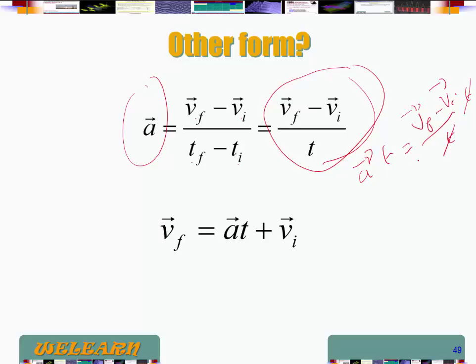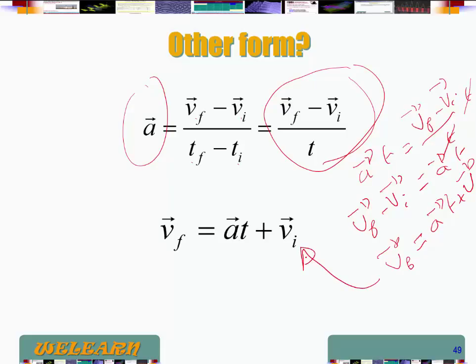The t cancels out, and then we are left with Vf minus Vi is equal to at, and then add Vi to both sides, so that will give us Vf plus Vi minus Vi equals at plus Vi. That's what we have here. Now, this equation, we'll use it quite a bit, and that's why I developed it here for you.